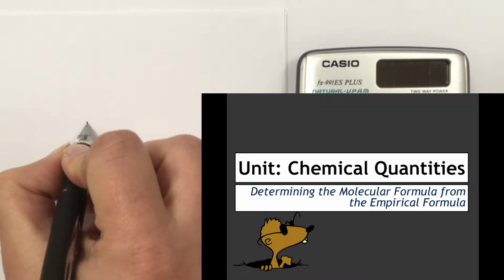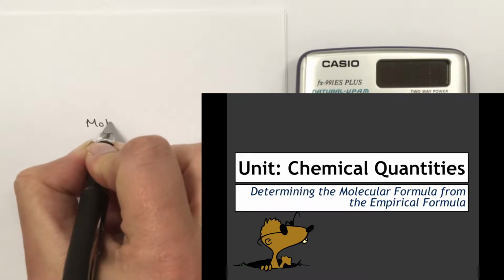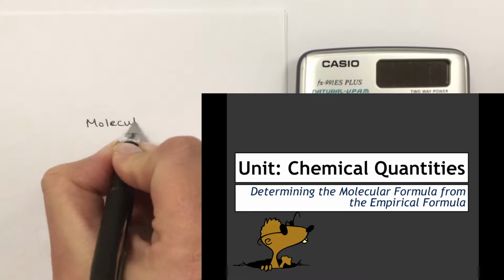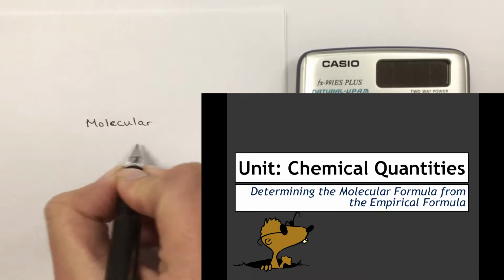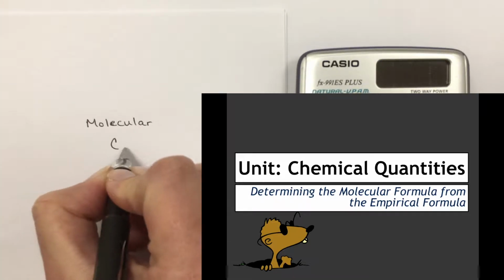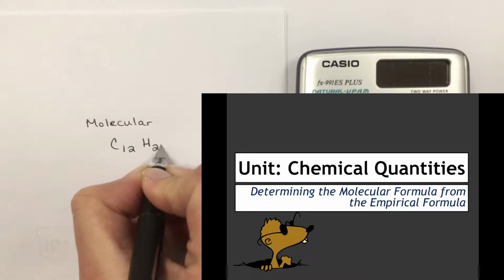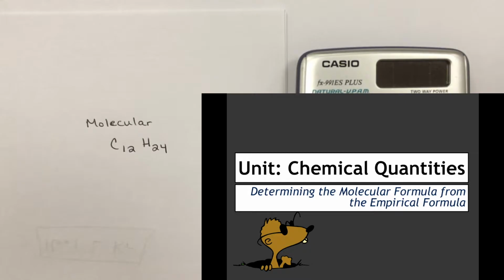So for example, if the molecular formula is C12H24, okay, let's say that's the molecular formula. Please don't quote me on this. This probably doesn't even exist.